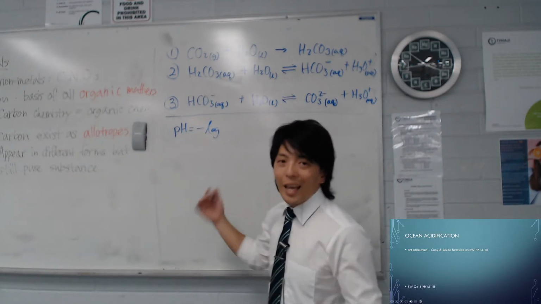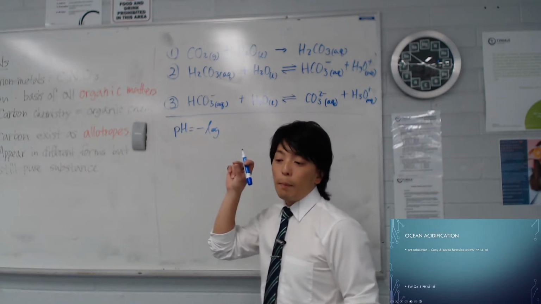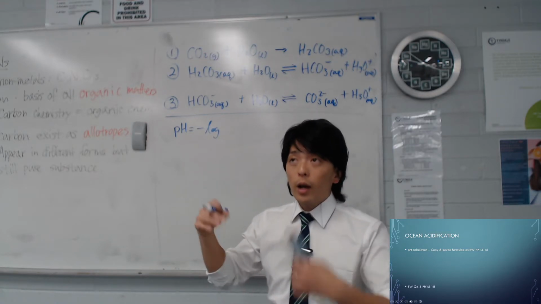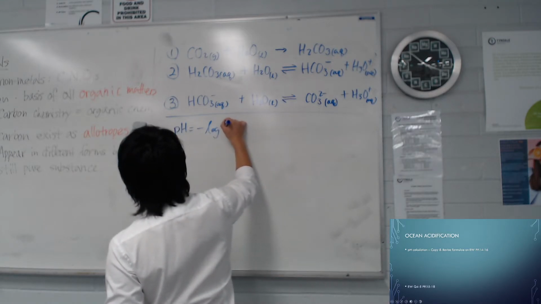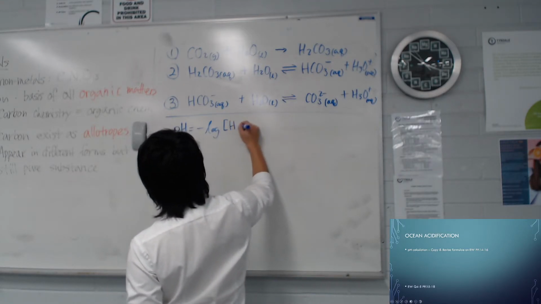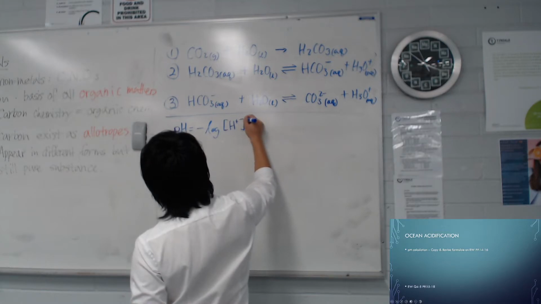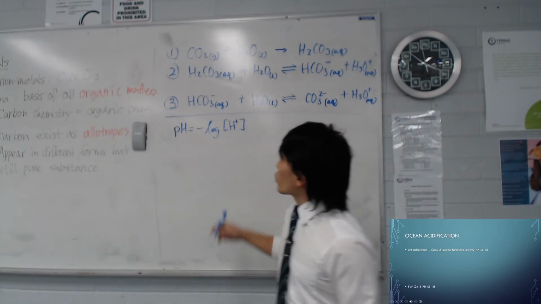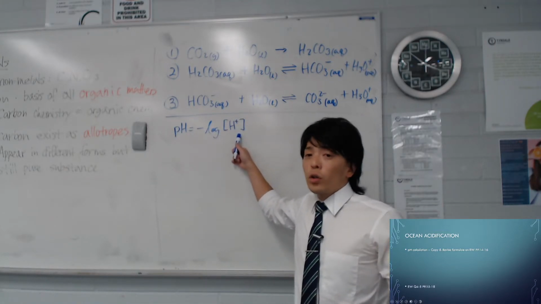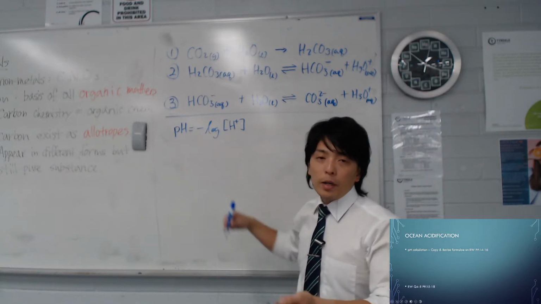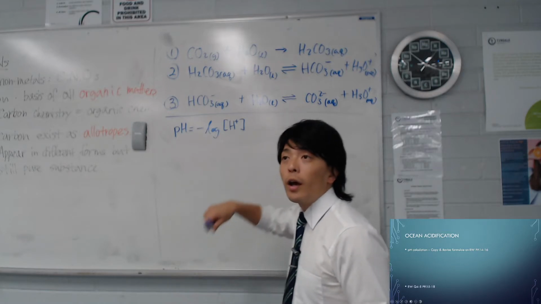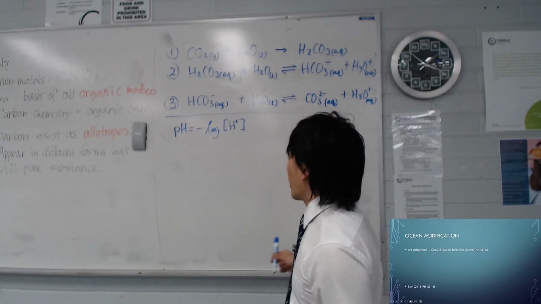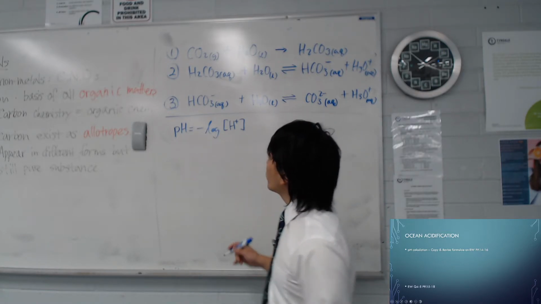It's negative log 10, but when you press the log button on your calculator, that automatically becomes log 10 anyway. So negative log of the concentration of hydrogen or hydronium ion, which doesn't really make much difference. Hydronium ion would be a more realistic way of writing acidic species.